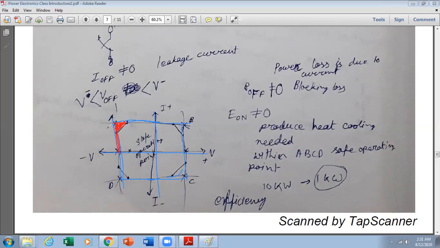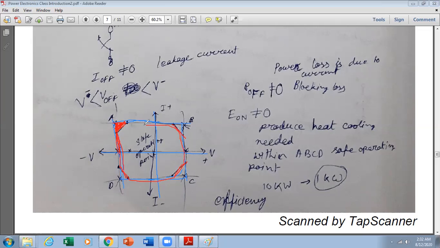So now, in a similar case for here, and from here, and from here also, our safe operating region will now be like this.